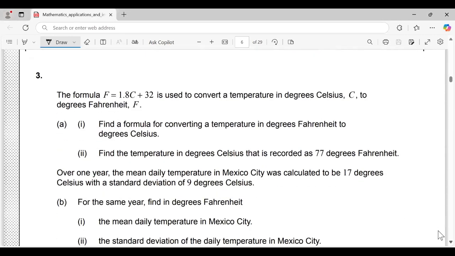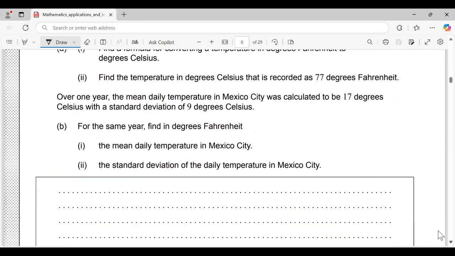Number three, the formula F equals 1.8C plus 32 is used to convert a temperature in degrees Celsius to degrees Fahrenheit. Find a formula for converting a temperature in degrees Fahrenheit to degrees Celsius. Right. F equals 1.8C plus 32.